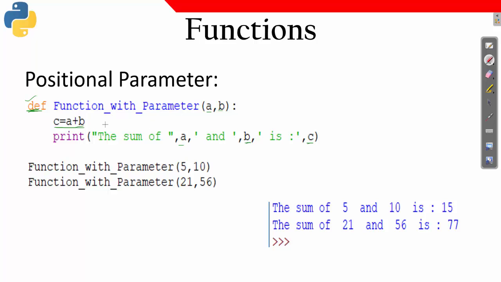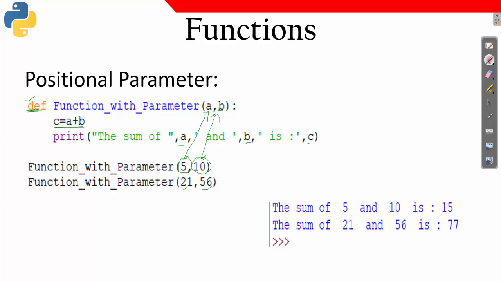Okay, there is no problem with this. But what is the value of a and b? When I am calling, the first time I am passing 5 and 10, and the second time I am passing 21 and 56. It means the value 5 is taken by a, and the value 10 is taken by b.